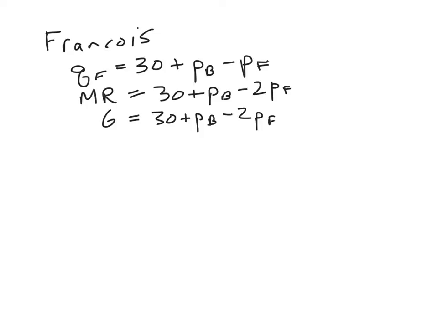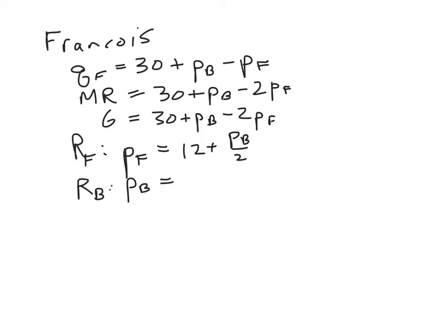And from there we derive Francois' reaction function. I'll let you work out the algebra, but the reaction function for Francois is equal to 12 plus Babette's price divided by 2. And it's a symmetric problem, so Babette's reaction function is she'll set the price equal to 12 plus half of Francois' price.